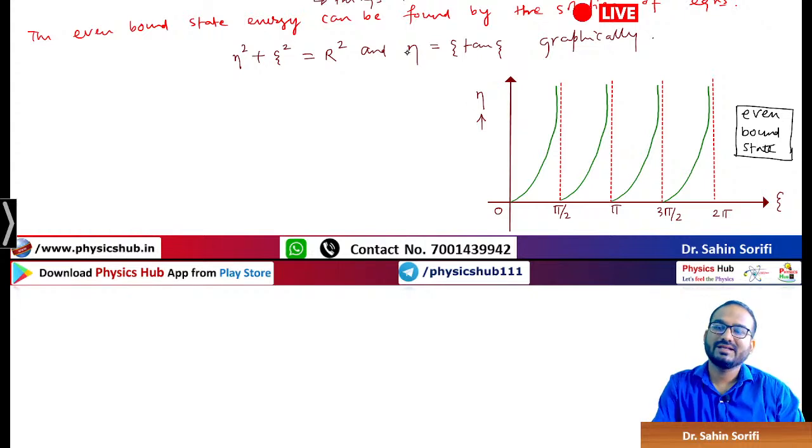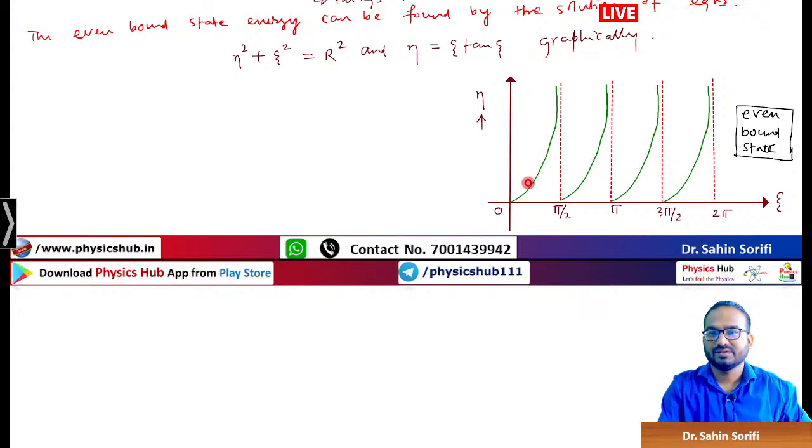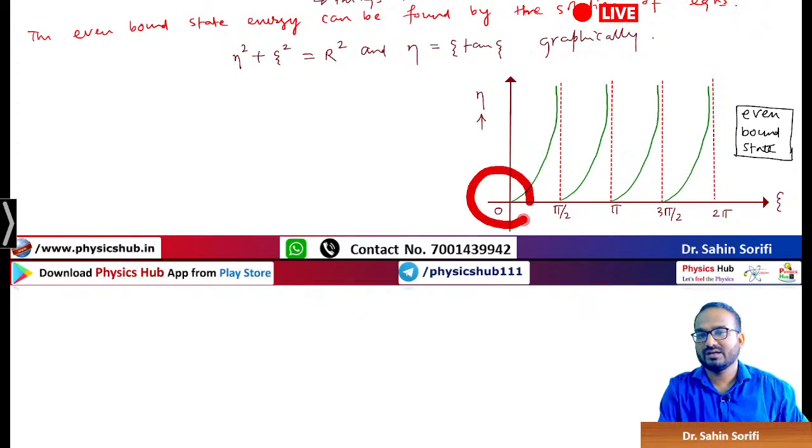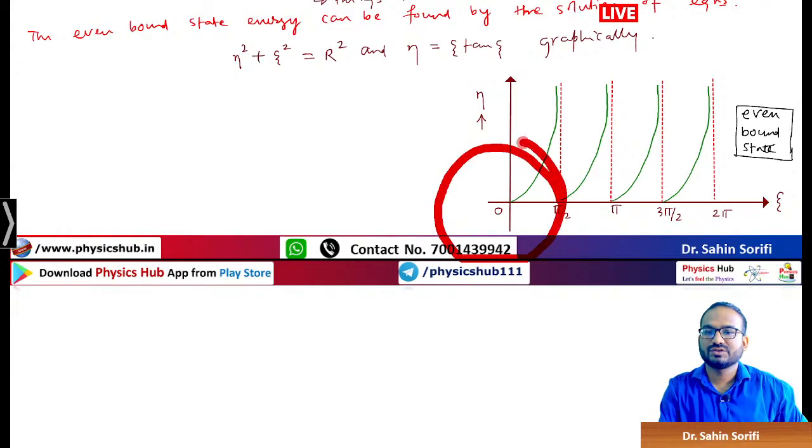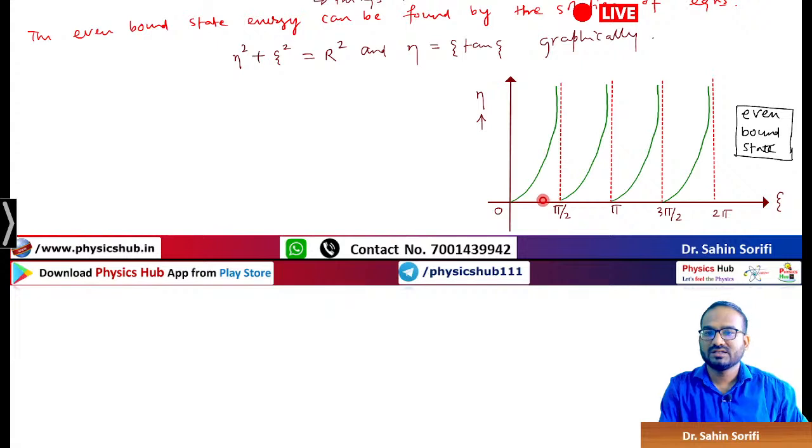So we have plotted eta is equal to xi tan xi. Now how is eta square plus xi square is equal to r square? These are concentric circles, depending on the way you choose r. If you put some radius between 0 to pi by 2, any value you can draw like this, or maximum you can draw like this, right? We are not showing every portion of it, just a small portion of the circle, but you can imagine that it is a circle like this.